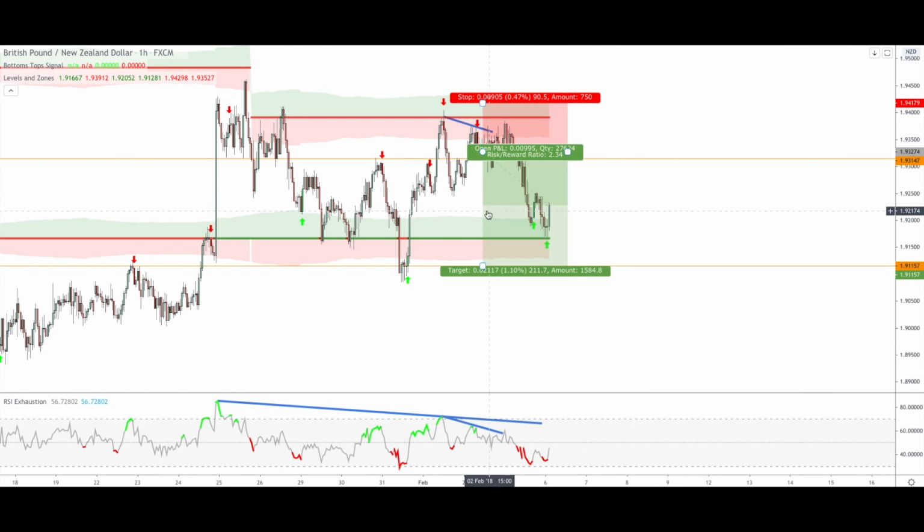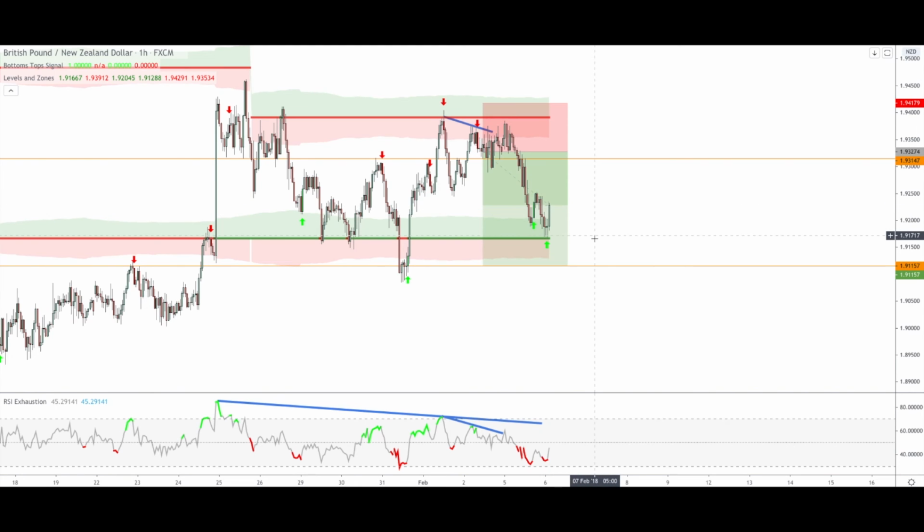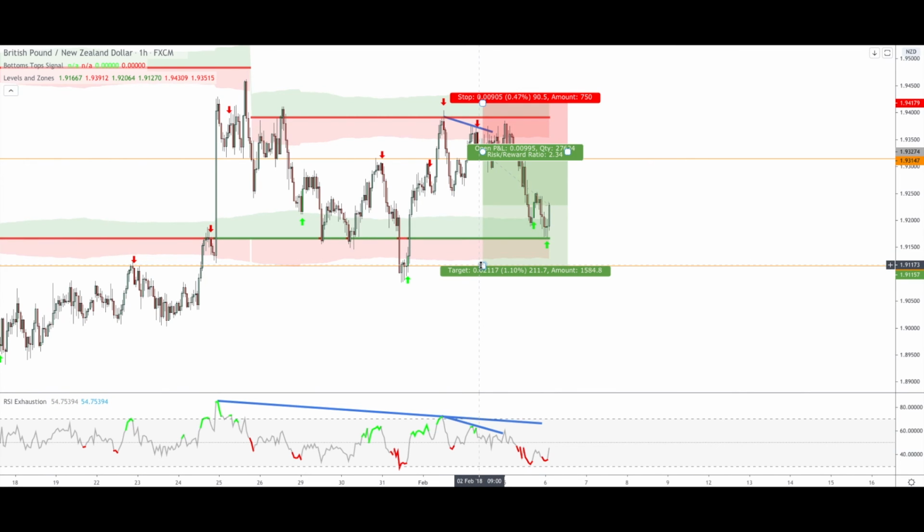So I'm on the sell side of this trade, so I look for the price to come down at least again to this support level here, but I'm confident that we can also reach the level down here, which is my target.